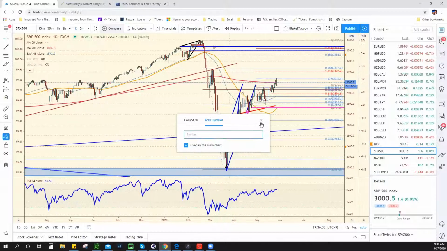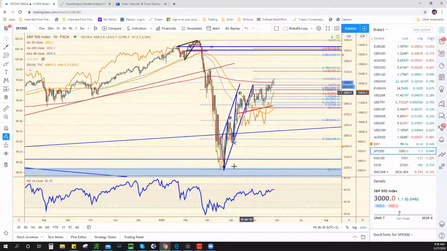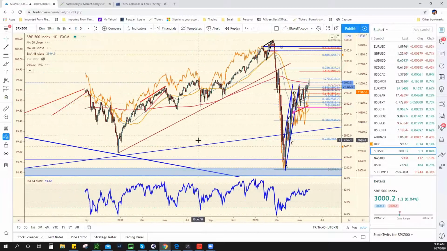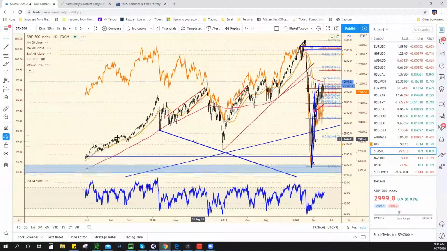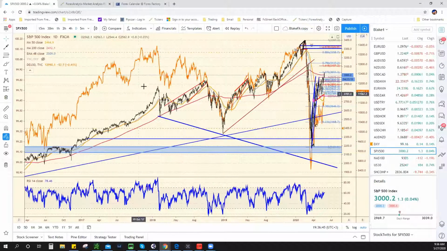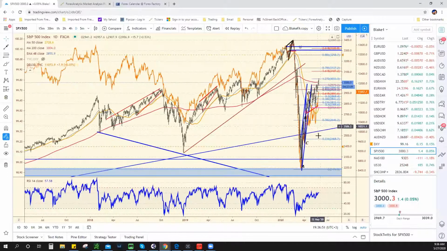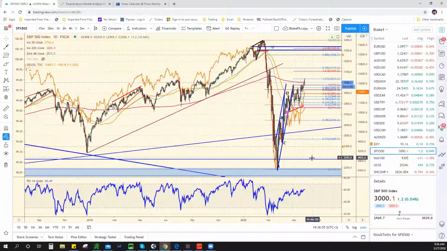If you notice the DAX versus the S&P longer term, the DAX has underperformed. S&P's hit new highs, DAX didn't, but you can see the DAX is actually performing well today and outperforming the S&P. I expect that to continue. So as Europe continues to make strides, that's going to be good.